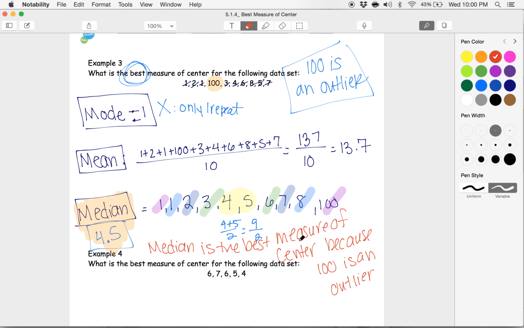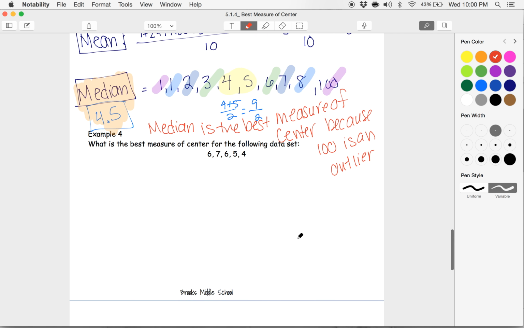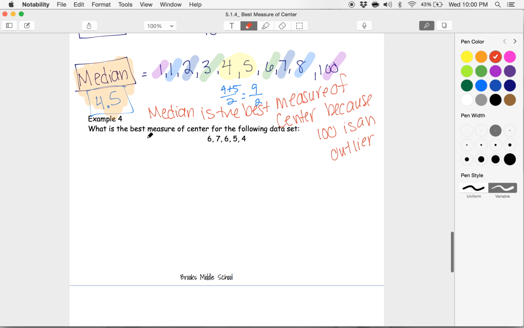All right, let's take a look at example 4. What is the best measure of center for the following data set? So let's start with our mode. Do I have any repeats? Yep, it looks like I do. My mode is equal to 6. The 6 repeats because my numbers are 6, 7, 6, 5, 4.